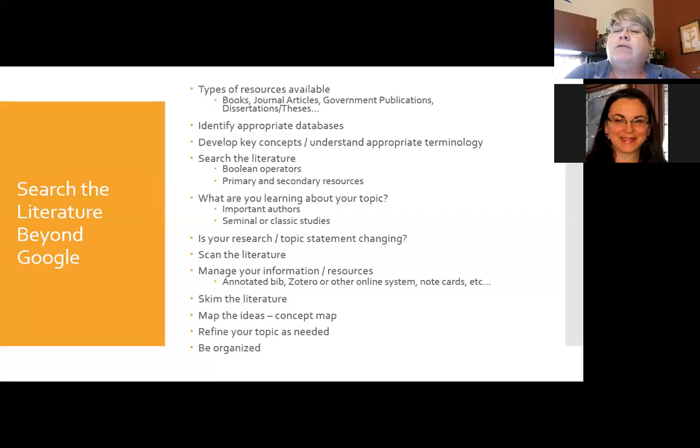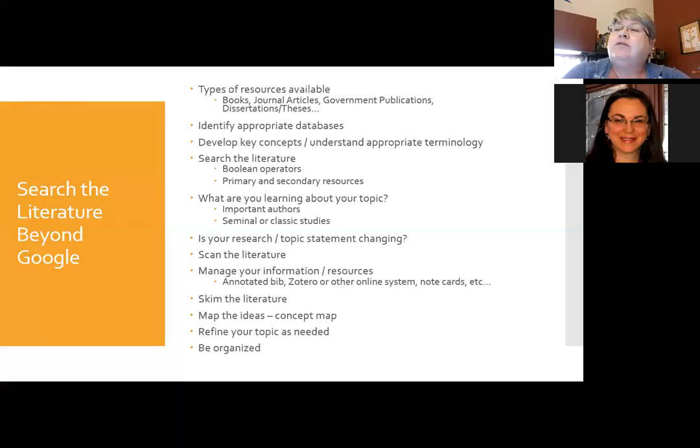Primary resources are where the researcher is first presenting their research, talking about their own research. Those are good to look at, one, to get an example of how it's written, but also to see what sources they used and what methodologies they used, and maybe replicate some of the information or methodologies.